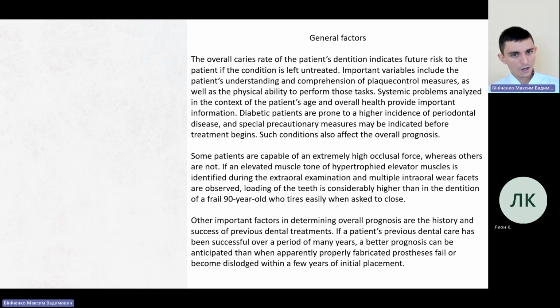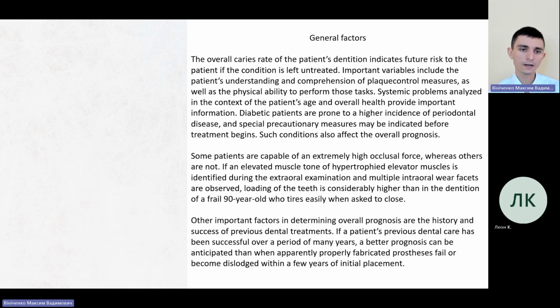General factors. The overall caries rate of the patient's dentition indicates future risk to the patient if the condition is left untreated. Important variables can include the patient's understanding and comprehension of plaque control measures, as well as the physical ability to perform those tasks.